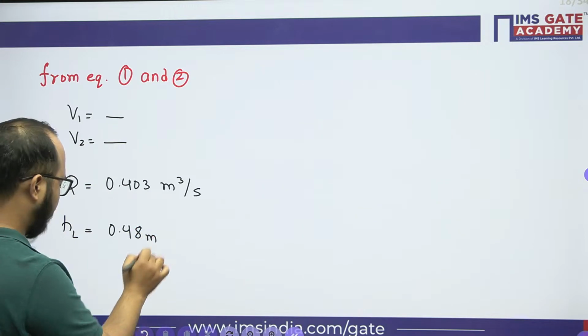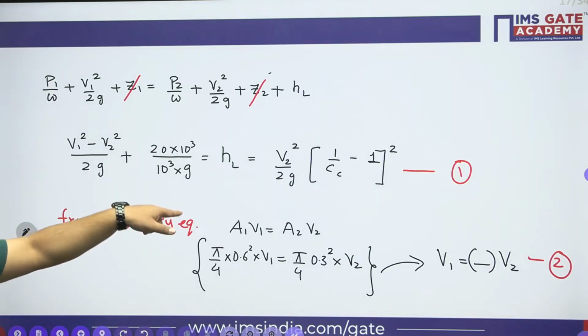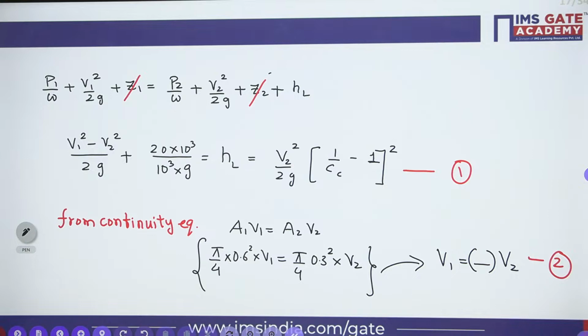So that will be the answer, but you should remember the concept of how we can calculate the discharge also. Correct? Yes or no? Now moving to the next numerical, guys.